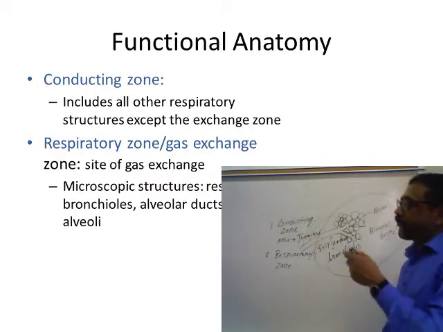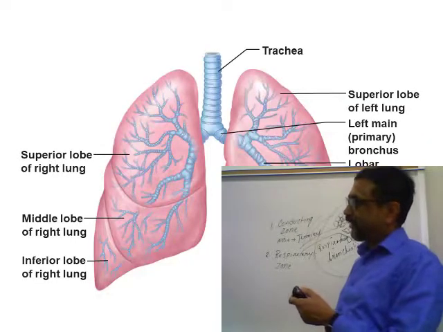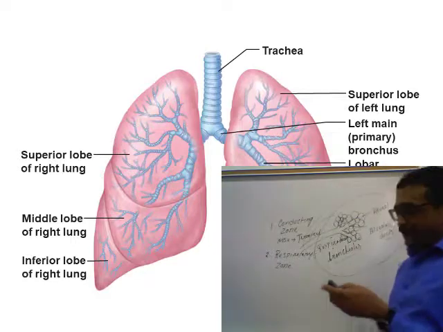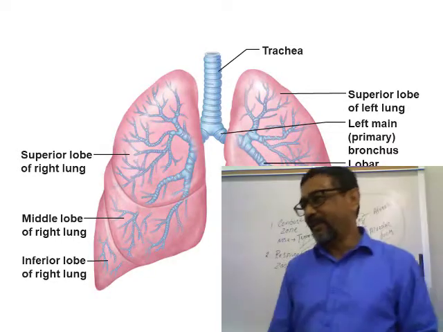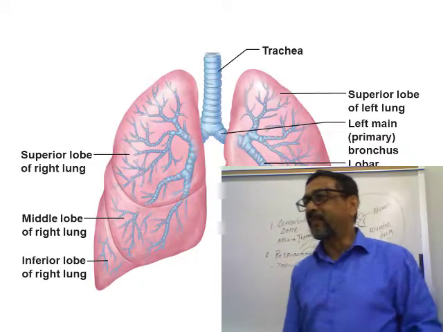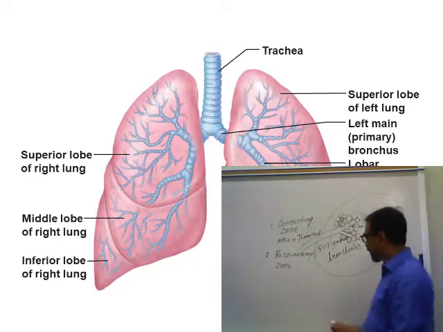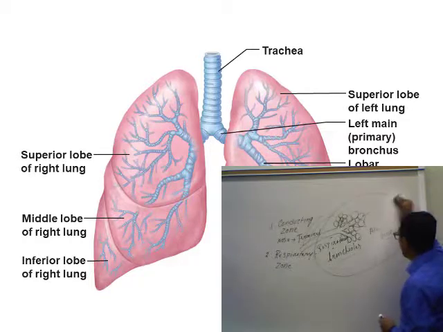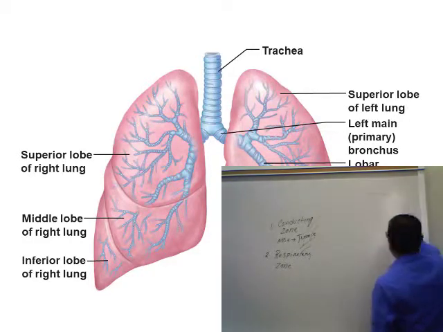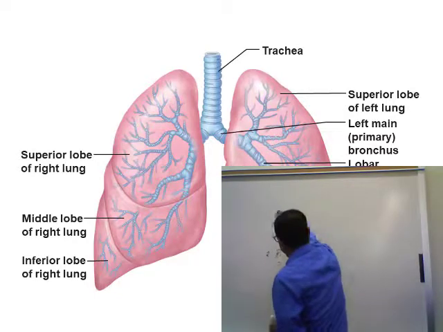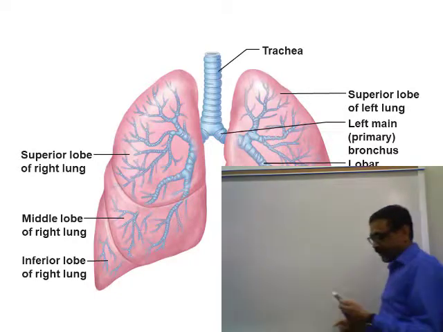Now here you see two lungs and the bronchial tree inside the lungs. Now right and left lungs are different, not exactly the same. If you see the anatomy or structure, right and left lungs are different anatomically. So how are they different?